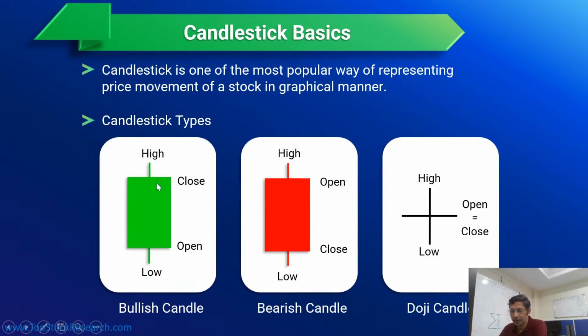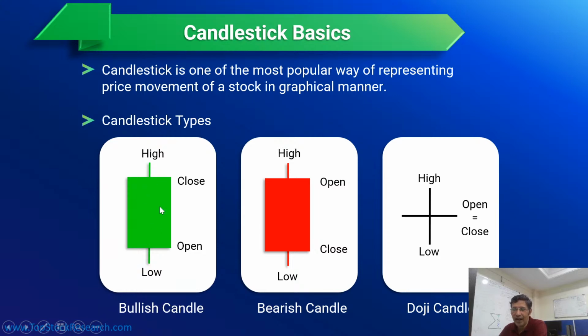What it tells us is that during the market session, whatever point it opened, there were far more positive signs in terms of bullishness during the course of the period. If it is a daily candle, the market opened somewhere around this at 9:15 or something, and it closed somewhere around 3:30. So what this candle represents is that overall the bulls were in control, and they took the market higher.